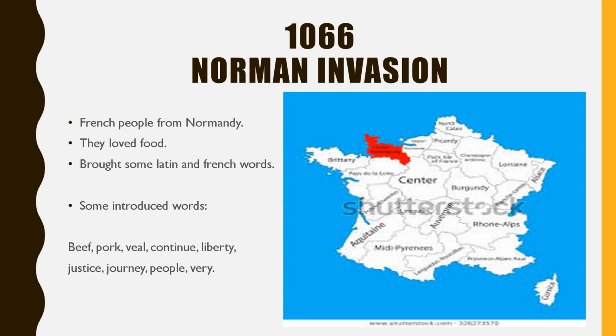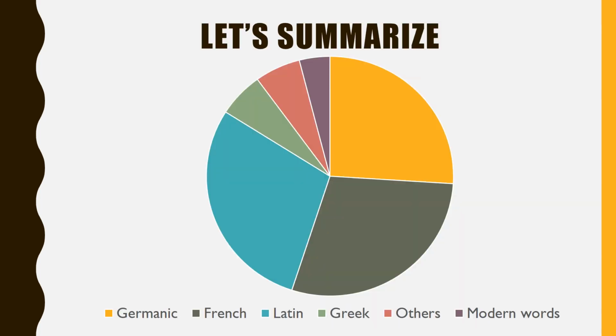Okay, let's move on. Here, guys, we have a summary. Here we have the Germanic languages in yellow. In this picture you can see the quantity of words that we use now in English that came from other languages.